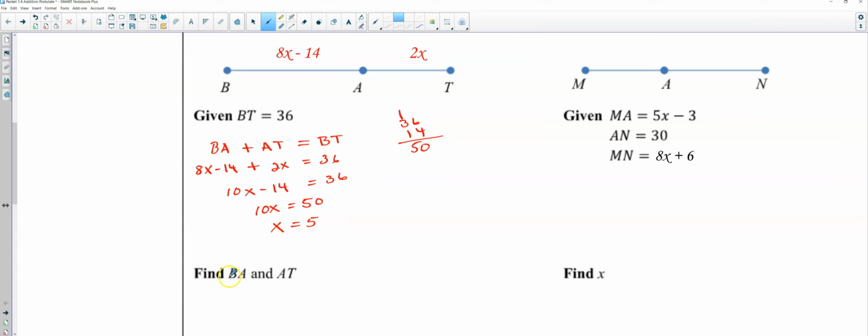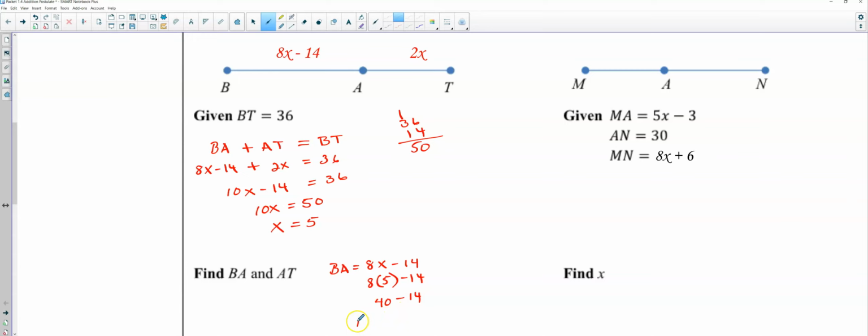The question is to find BA and AT. Well, BA is equal to 8x minus 14, or 8 times 5, since we already know x is 5, minus 14. That's 40 minus 14, which is 26.